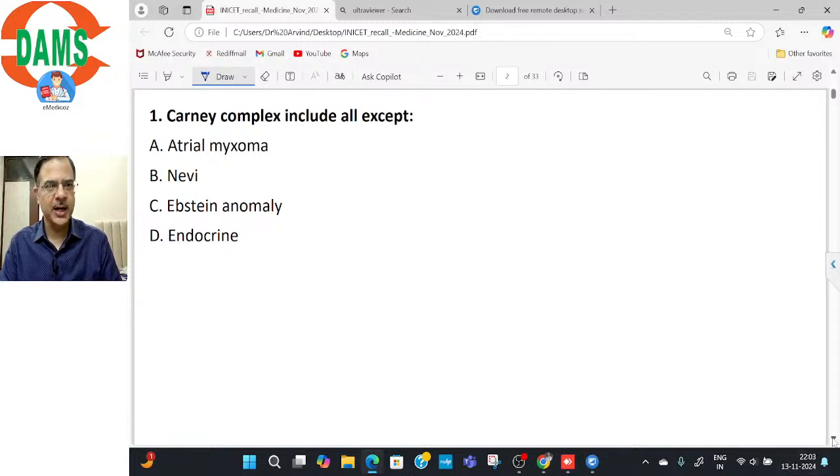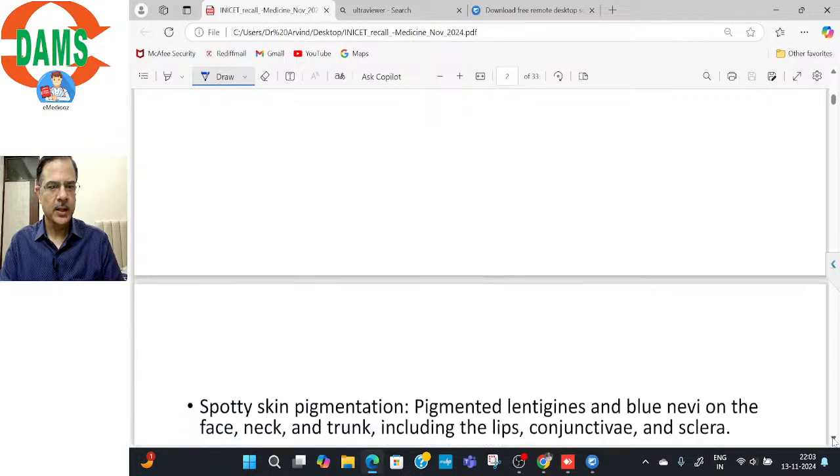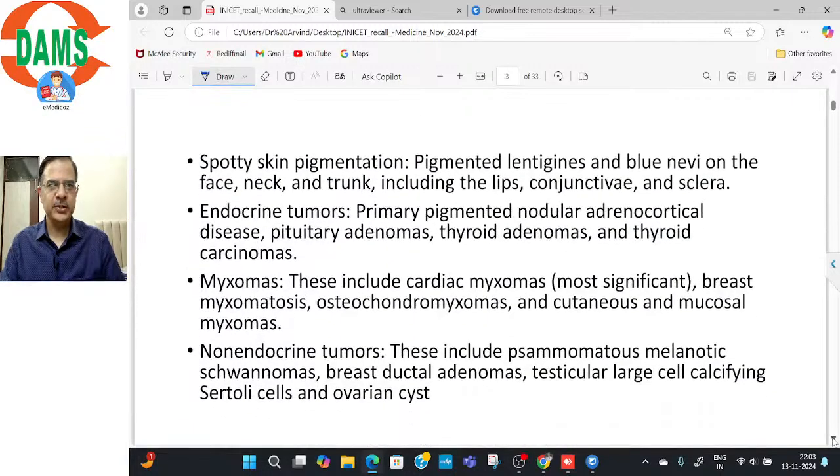The first is skin manifestation, where skin lesions can be present on the face or neck. Endocrine tumors can be adrenocortical disorders, the most common endocrine abnormality of Carney complex. Cardiac myxomas are the most common myxomas, and some non-endocrine tumors will be present.